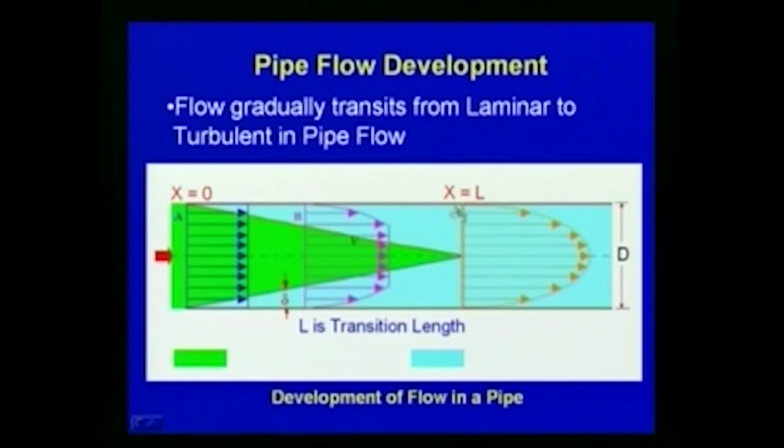As far as turbulent flow is concerned, the velocity variation is like this. Here the flow is fully laminar and here the flow is fully turbulent. This shows the transition length, 0 to L is the transition length with respect to the boundary layer formation, and then finally the flow becomes fully developed turbulent flow. This way we can show experimentally how the flow transitions from laminar to turbulent flow.